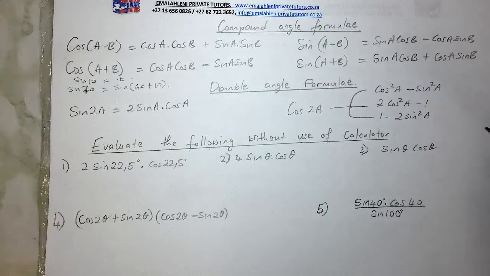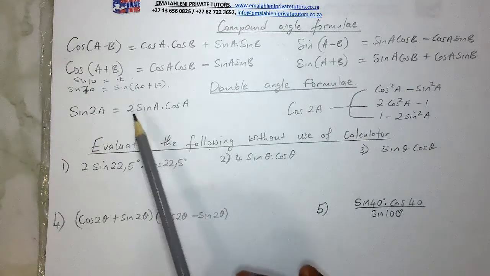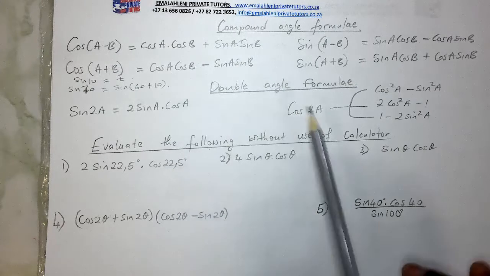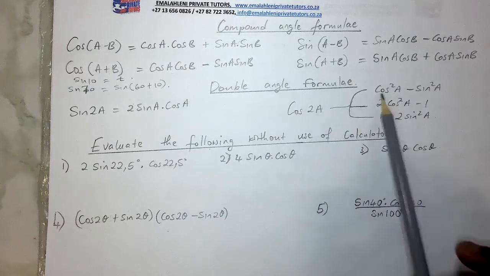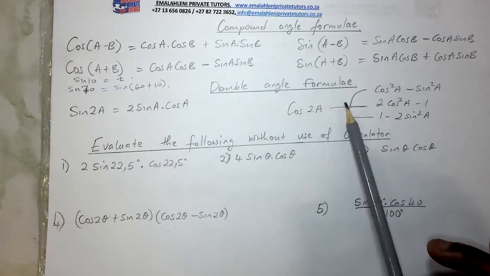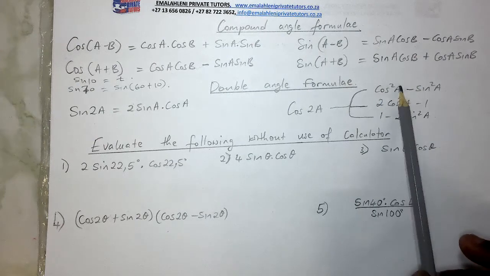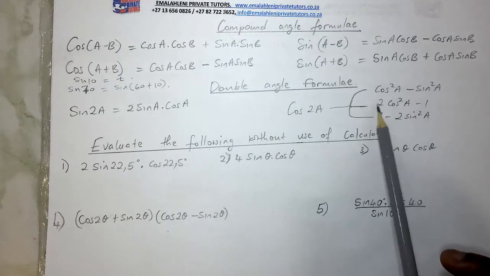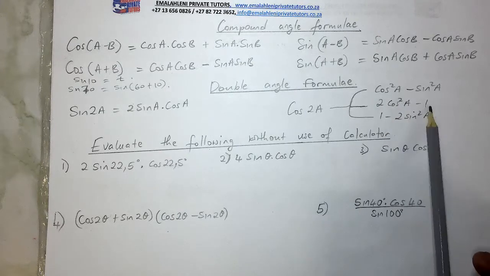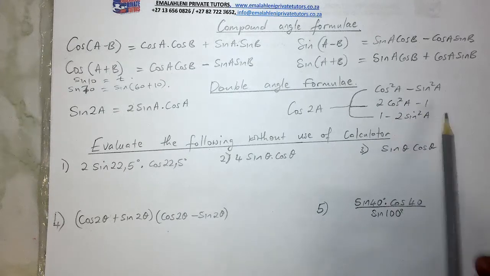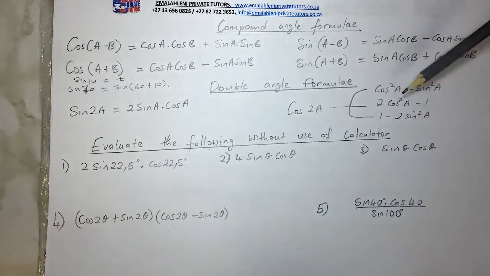So in this case you go on to apply the compound angle. But let's just see what we have here again, the double angles as well. Sine 2A is equal to 2 sine A cos A. Then cos 2A you can express in three ways: cos squared A minus sine squared A, then 2 cos squared A minus 1, and 1 minus 2 sine squared A. So you need to understand something here.